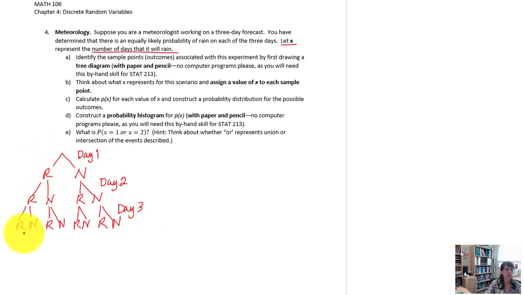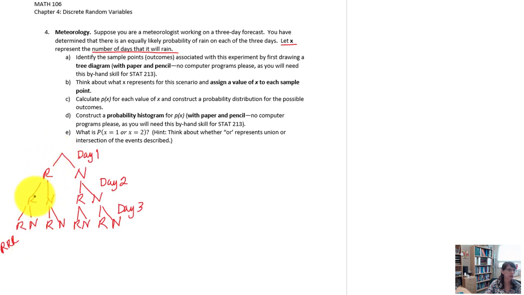At the end of every branch, you will sometimes see the outcomes or the sample points written. Following the first branch of R, that represents 3 days of rain. So you might see that written as RRR. So what I'm going to do at the end of each of the branchings is to write the sample point.